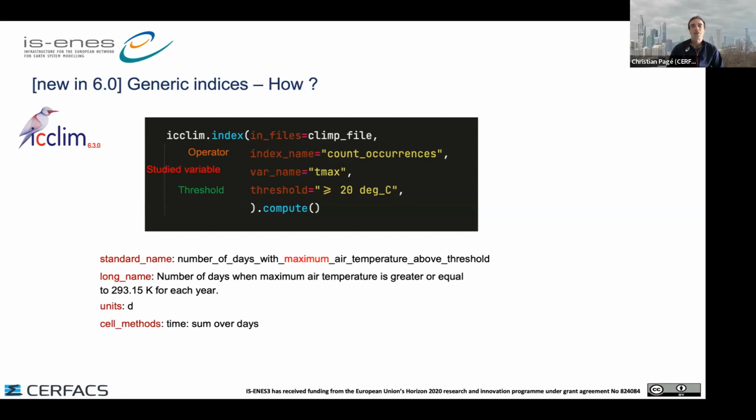And the metadata that is generated for the output is also using the standards as close as possible to CF. So we would have those metadata automatically generated from the definition of the generic climate index.